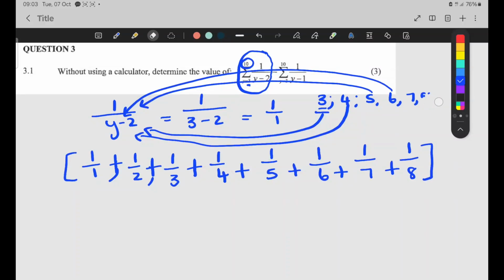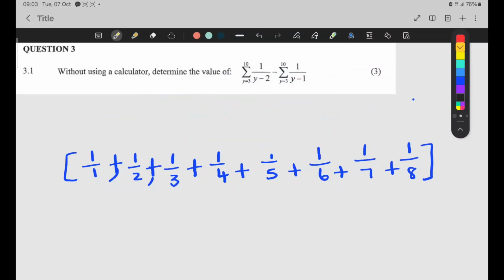Then I'm going to do the same thing now for this expression over here. Okay, to get the first term, let's write this down. This one looks like that. I'm going to sub in 3, then 4, then 5, 6, 7, 8, 9, and then 10. Okay?